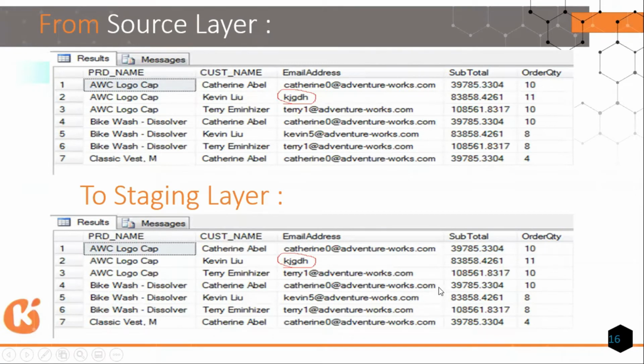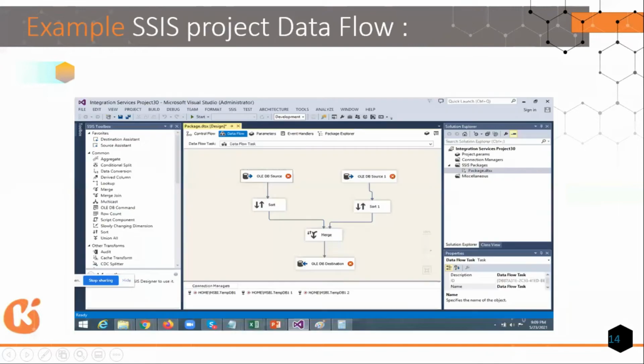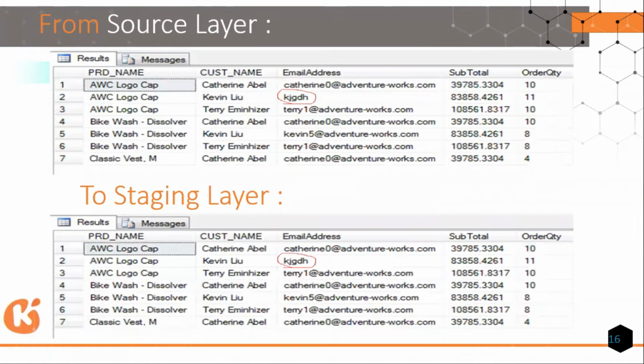Because from source to layer 1, we don't implement any transformations. If you look at the diagram also, when we are moving to layer 1, in between, there are no transformations. We will just extract and copy the data.